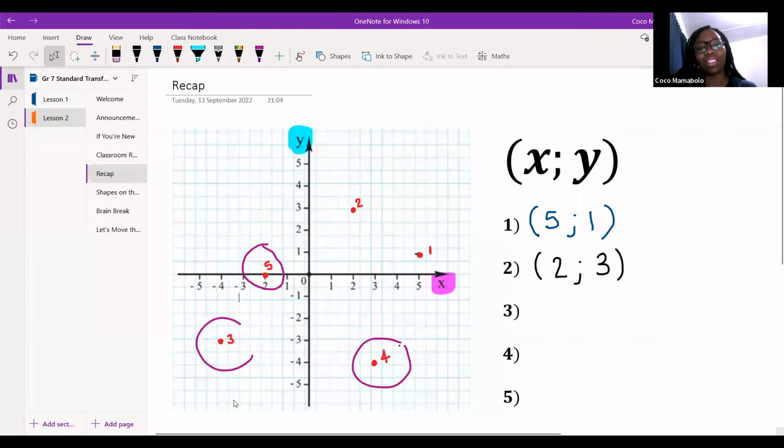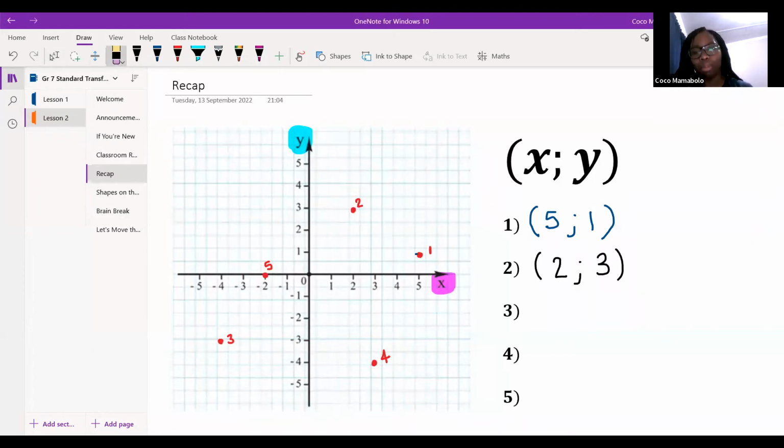And when you're done, guys, I just need you to put the excellent emoji in the chat for me, please. You need to answer all 3 of them. Remember, write them in the correct order. Your X value first, then your Y value. Remember your brackets and remember your semicolon. And when you're done, put that perfecto one in the chat for me.